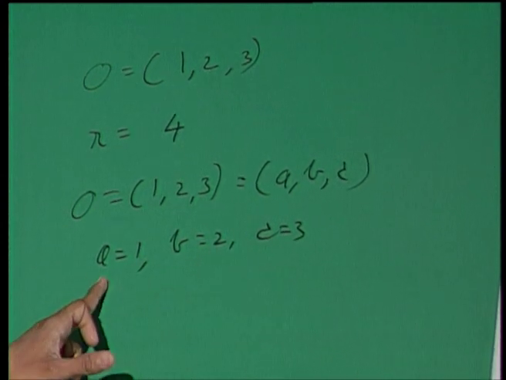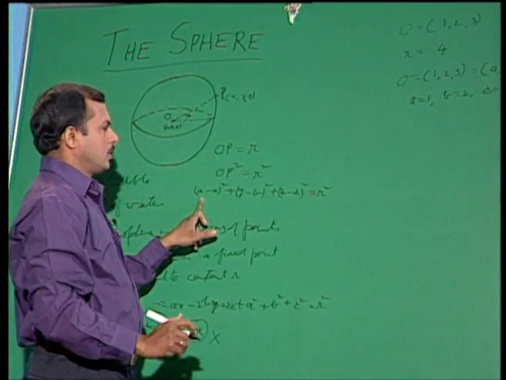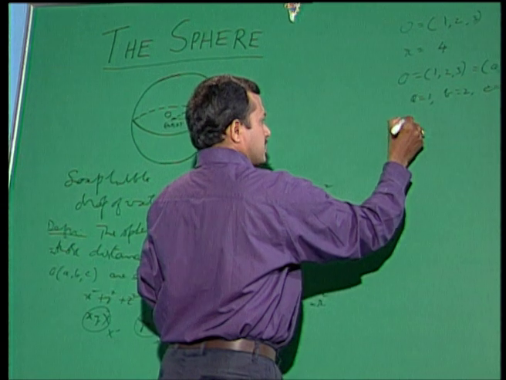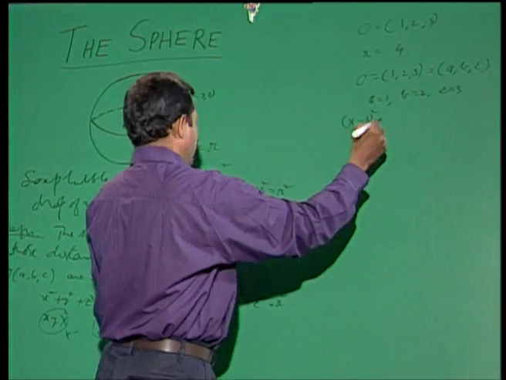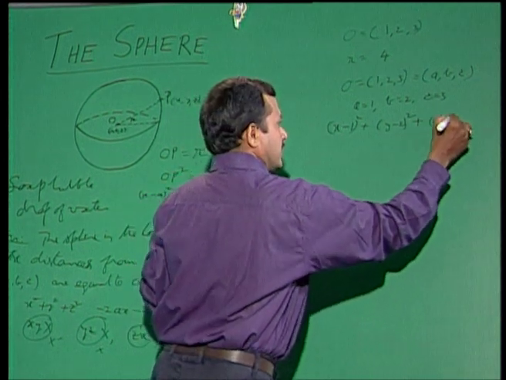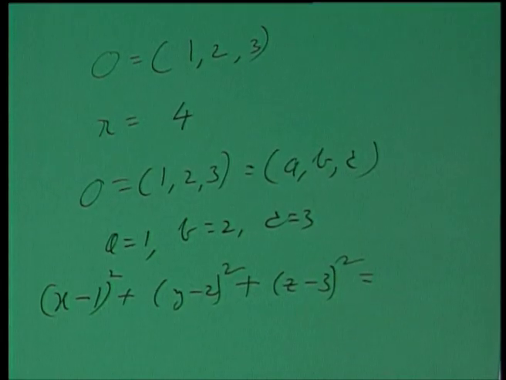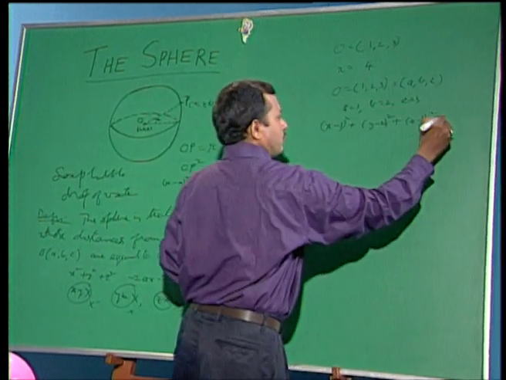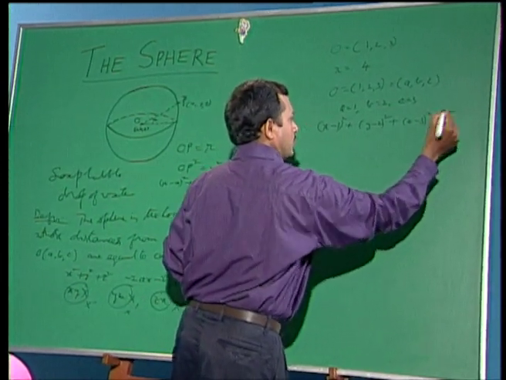Now, let us substitute these in this equation. So, it is (x minus 1) whole square plus (y minus 2) whole square plus (z minus 3) whole square is equal to r square. r is 4, it is 4 square.